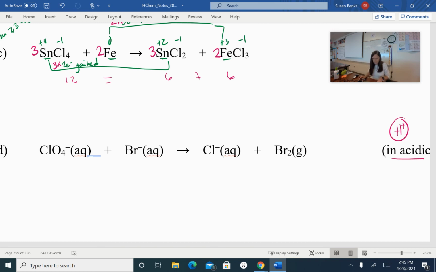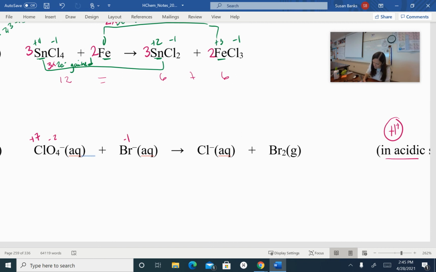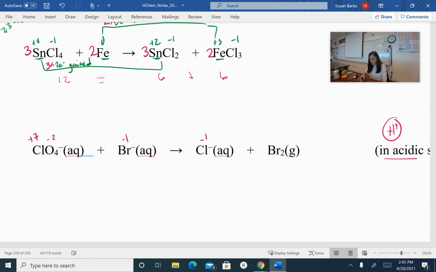Okay, you ready? So oxygen is a -2. So that means if this has to add up to a -1, that means the chlorine has to be a +7. Okay? Bromide is already a -1. It's already labeled here, and chloride is already labeled a -1, and bromine elemental is 0.